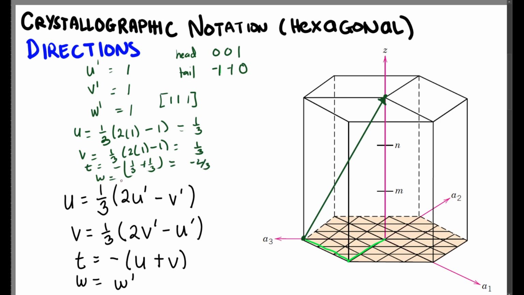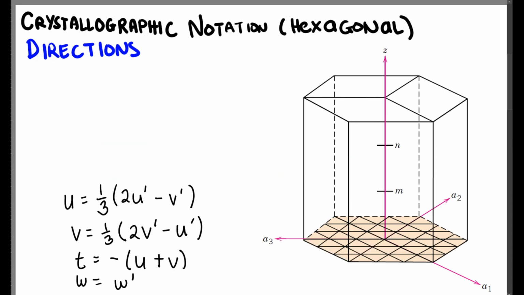And for W, it's just the same as this one. This will be equal to 1. Then since this has thirds, we multiply all this by 3. UVTW will then be equal to 1, 1, 2 bar, 3. So in the 4-coordinate system, this direction here has coordinates of 1, 1, 2 bar, 3.